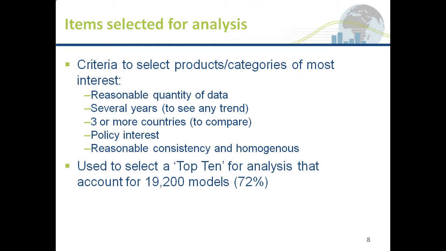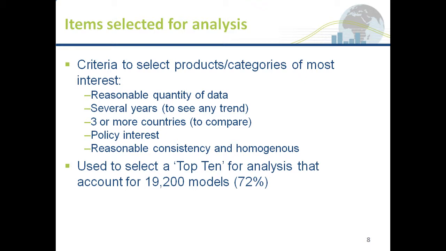Clearly, the overall aim of the work is to assist policymakers to make policy more effective. So we want to choose products that are of current political policy interest. And finally, we did want to make sure that the data we present has reasonable consistency and value in terms of its analysis.